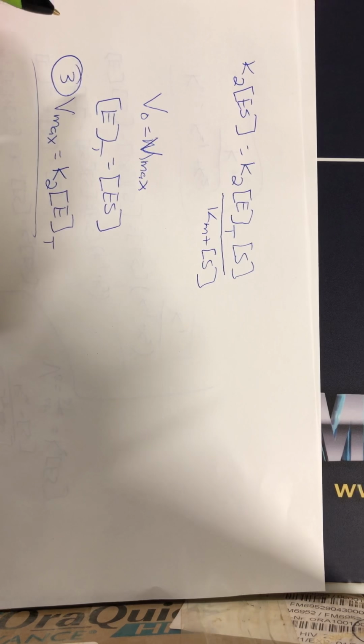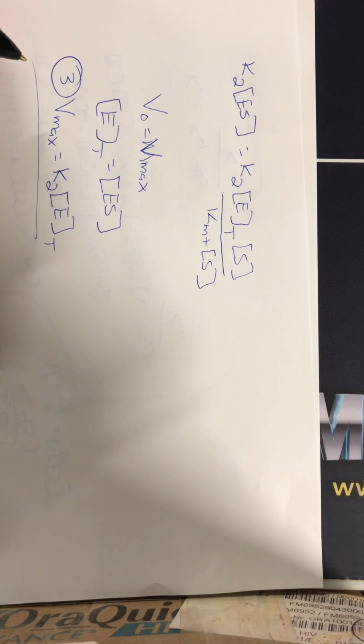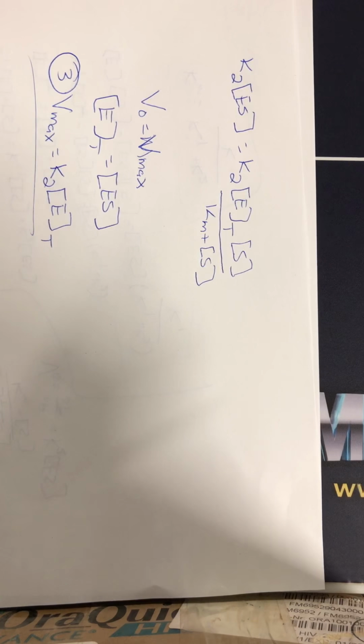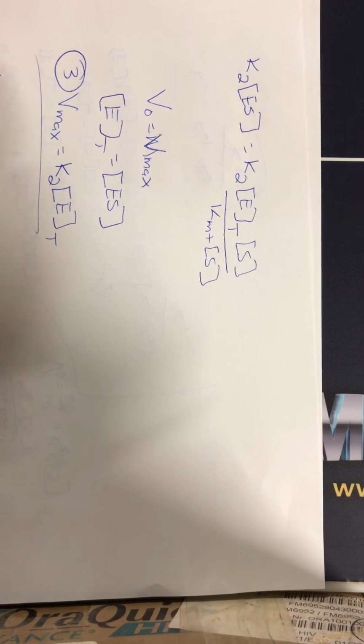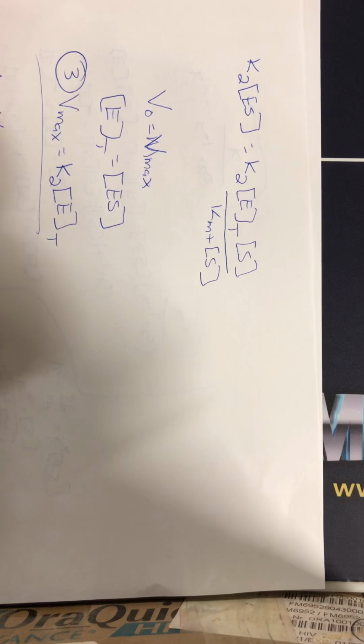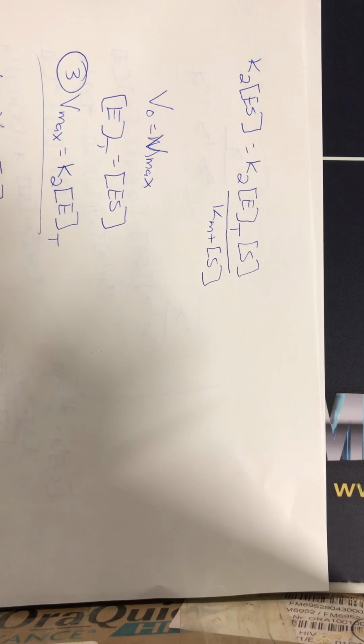So now, to get to our final equation, we'll substitute in some of our known terms. So we'll sub in K2 enzyme substrate for a VO, and then we'll sub in our enzyme total for Vmax to get to our final Michaelis-Menten equation. So VO equals Vmax substrate over our Km value plus the substrate, which is number 1 on our equation.